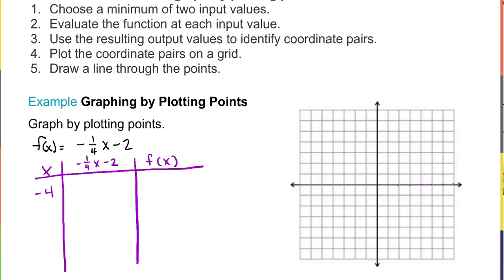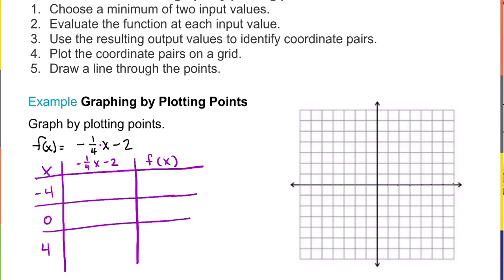I'm going to put in -4, 0, and 4. And you might think, why did she choose 4 and -4? Well, I'm kind of looking ahead, and I know I'm going to have to multiply times -1/4. And I know if I multiply it times -4 or 4, that it'll come out to be a nice whole number. Now, you're not limited to that. You could have substituted in 1 or 2 or 3.